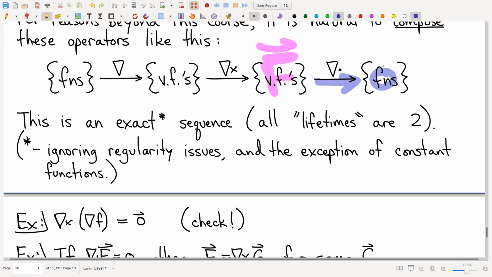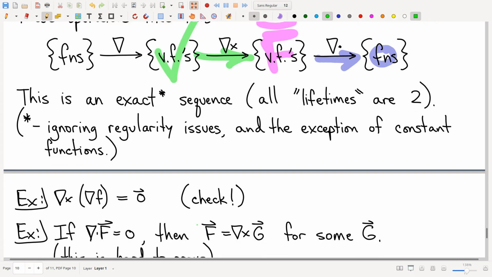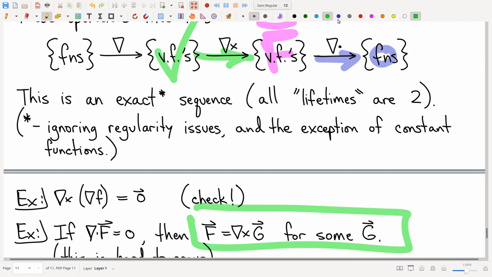Again, it's just a metaphor, right? And what would that mean? That would mean that this vector field, according to the lifetime metaphor, must be the curl of some other vector field. And that, in fact, is the conclusion here. So this theorem down here: if divergence is 0, then your vector field is the curl of something else. Again, you can just think of that as a statement about a lifetime metaphor.